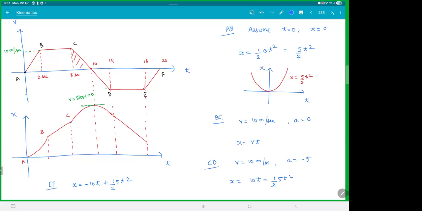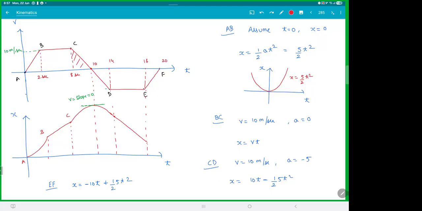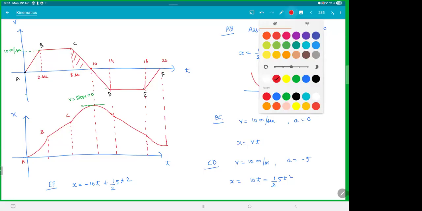That means whatever you drew here, it is inverted. So your velocity is still negative, so you will continue to go down. And then at 10 seconds, you have to become flat again. At that point, the question gets over.